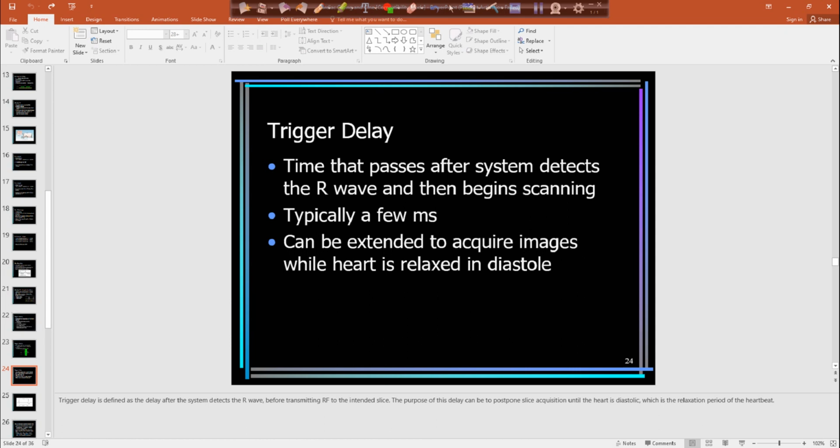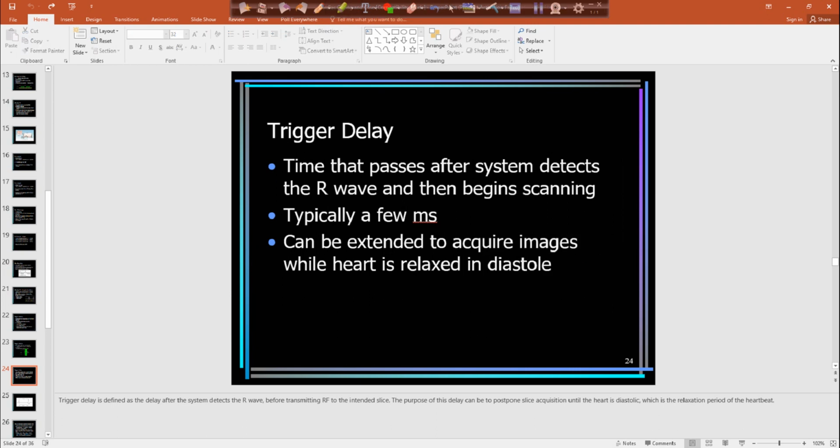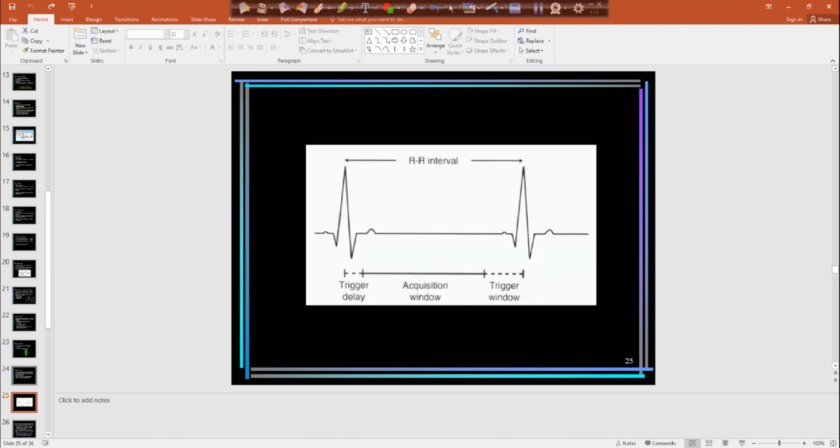Typically this is displayed in milliseconds, a few milliseconds, like 40 or 50 milliseconds, that we wait so that we're imaging during diastole, during relaxation. We wait just a little bit for the QRS complex to really spike, and then a little bit longer for complete relaxation of the heart. You can see here, the trigger delay is at the beginning, right after the QRS complex, and then the trigger window is a percentage, and it occurs at the end of your effective TR.